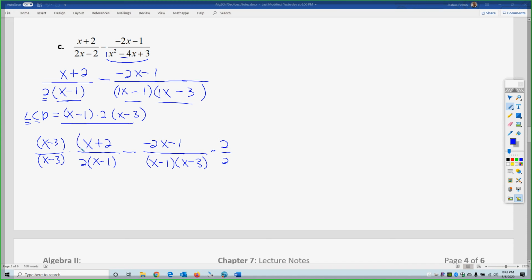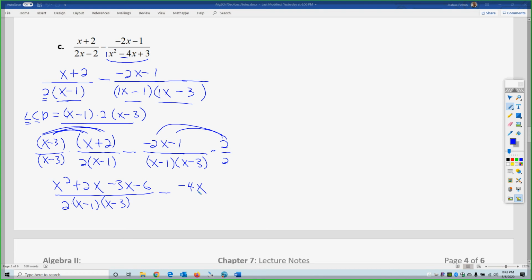Okay, so if we multiply through here, we get x squared plus 2x minus 3x minus 6 over, I'm going to rearrange a little bit here. So I get 2, x minus 1, x minus 3. Same terms, just different order. Okay, and then here, minus negative 4x minus 2 over, again, I'm going to rearrange it a little bit, x minus 1, x minus 3.